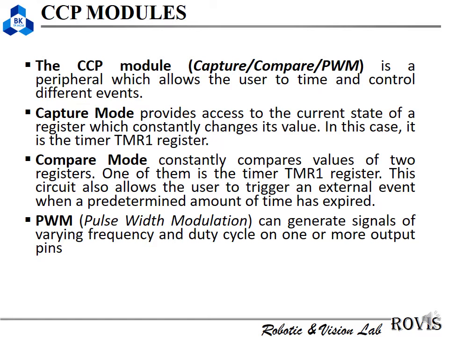In the compare mode, you can compare a value with the Timer1 register to trigger an external event. And the other one is PWM mode, which is pulse width modulation. Here we can generate a signal with varying frequency and duty cycle on pin 16 and pin 17.